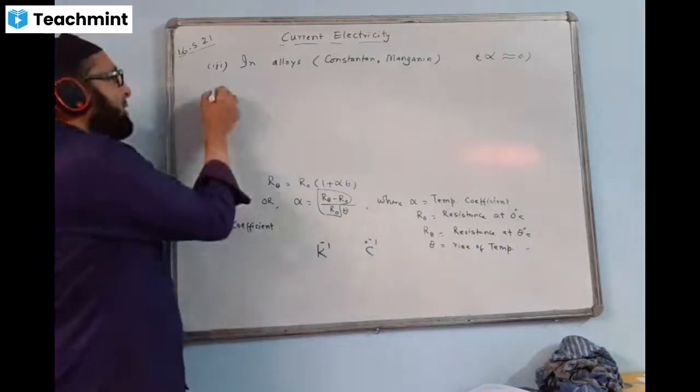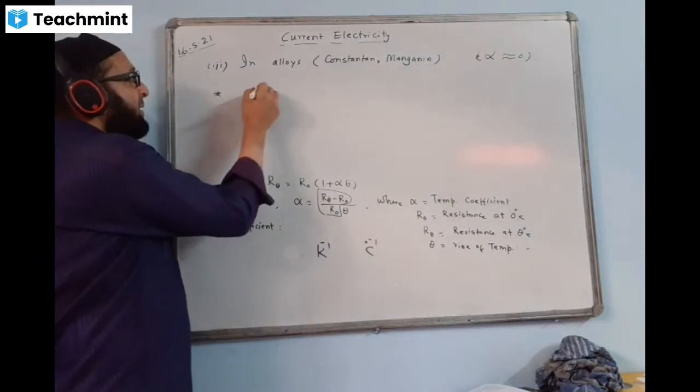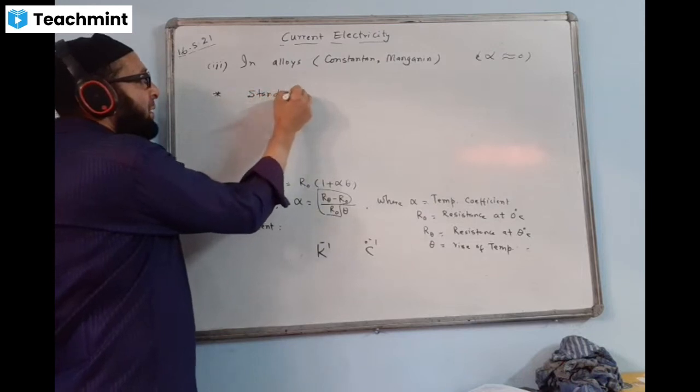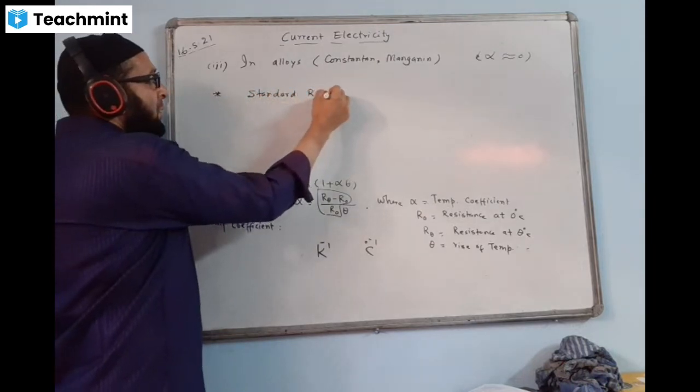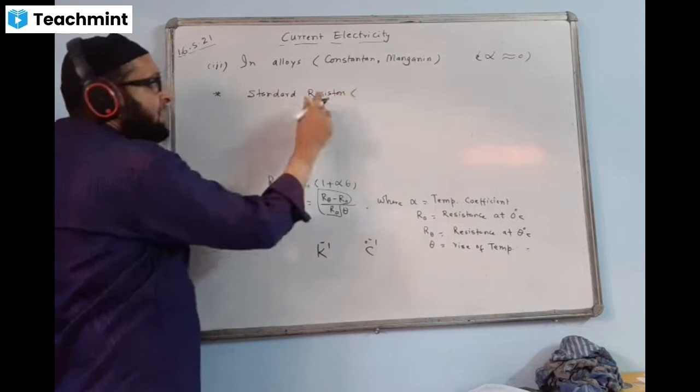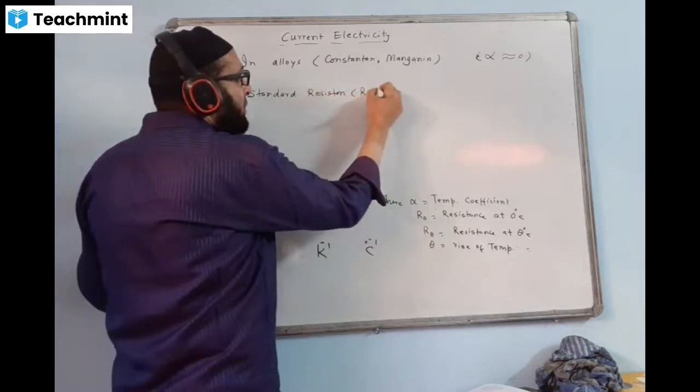Okay, now put an asterisk below, write down standard resistors. A standard resistance example will be a resistance box.